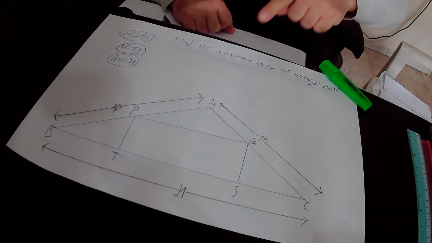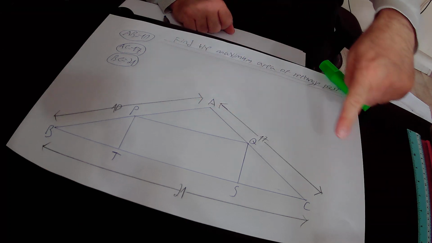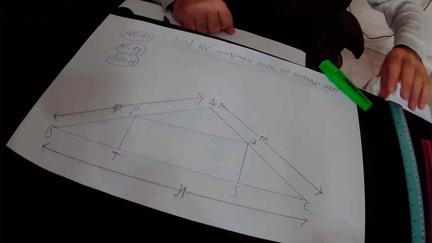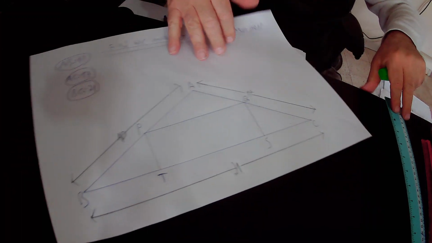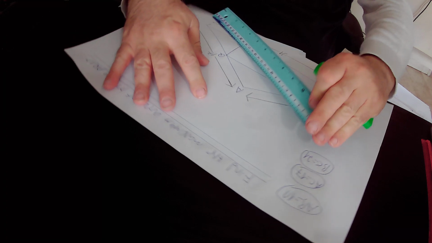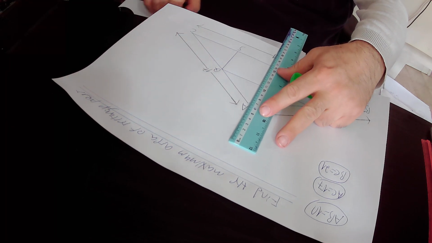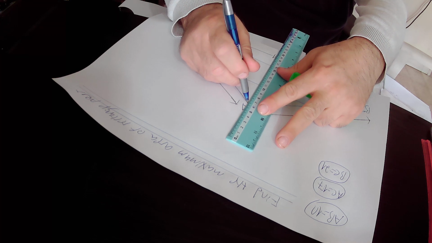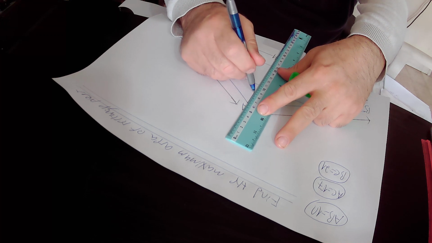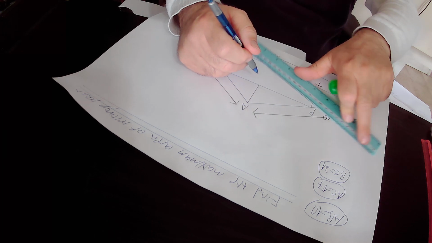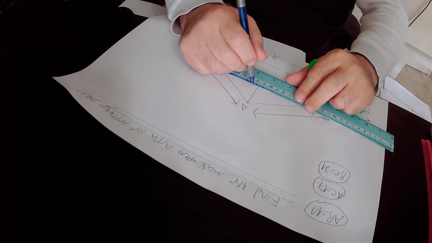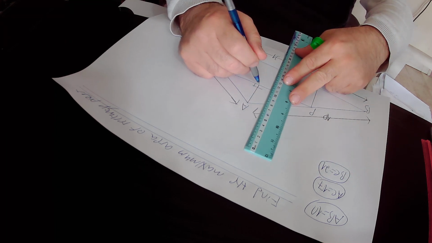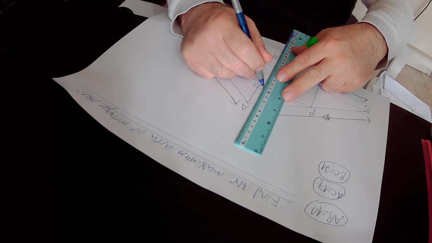That is to say, from point A, we will go perpendicular on PQ. So this angle equals 90 degrees, and this angle also equals 90 degrees according to our construction.